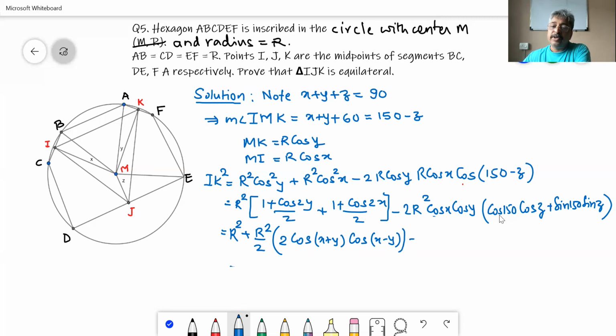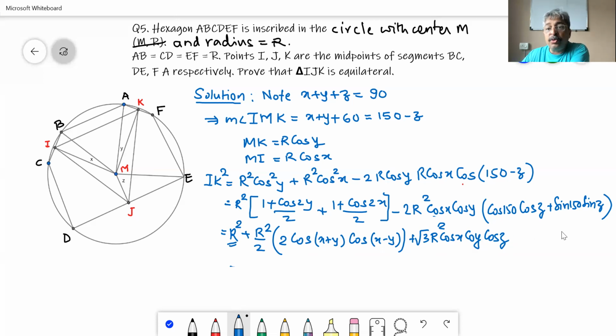Minus, now let us evaluate this directly. Cos 150 is minus root 3 by 2, so this is plus root 3 times R square cos x cos y cos z. Understand, we are happy with this term because it is symmetric with respect to x, y, z.